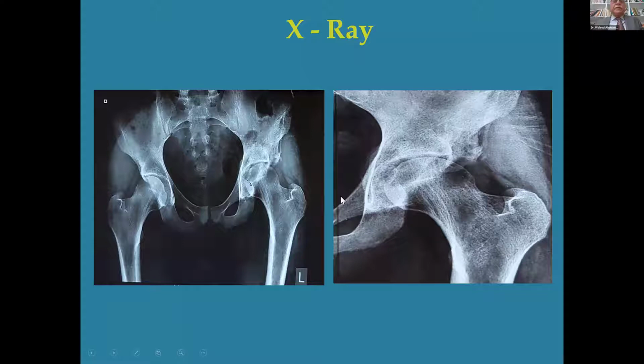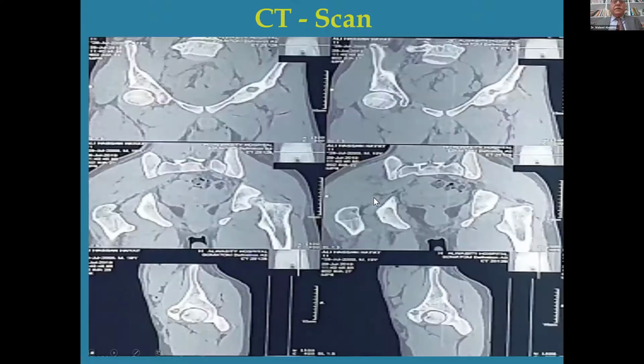Next, please. We ordered a CT. Yes, this is the CT. The lesion is clear, I think. This is the lytic lesion here, in the medial wall of the acetabulum. It's mostly in the ilium.